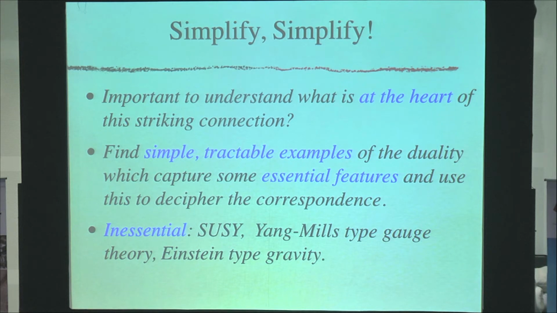Yang-Mills type gauge theories are a particular kind of gauge theory; it's not necessary that it be of that kind. It's also not necessary that the gravitational theory be purely of Einstein type. These are all features which in many of the examples do occur, but they are not essential for the connection. So we'll try to see this example in which you go beyond some of these features.